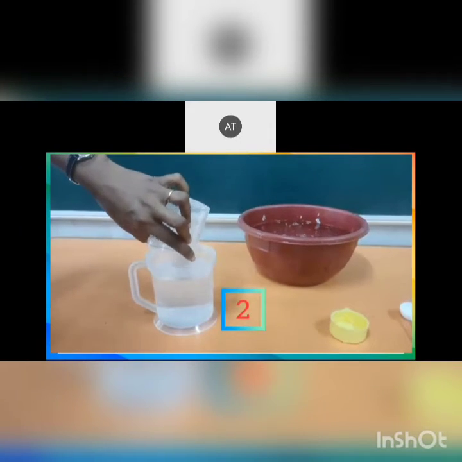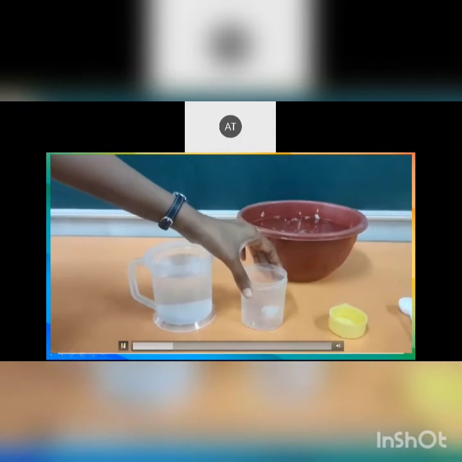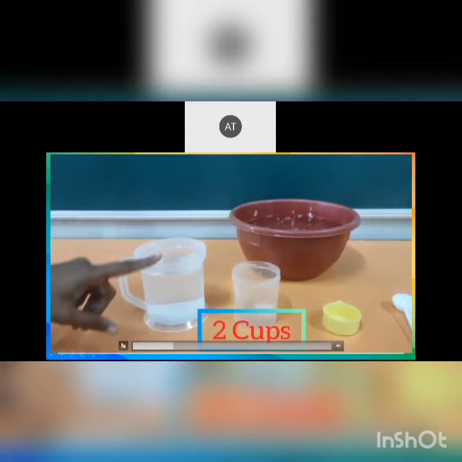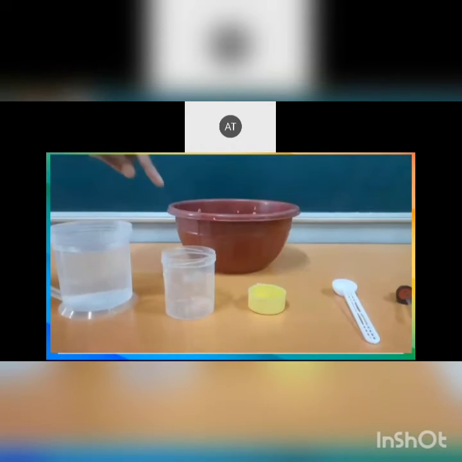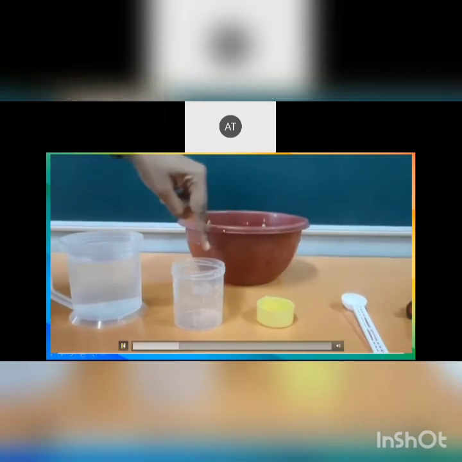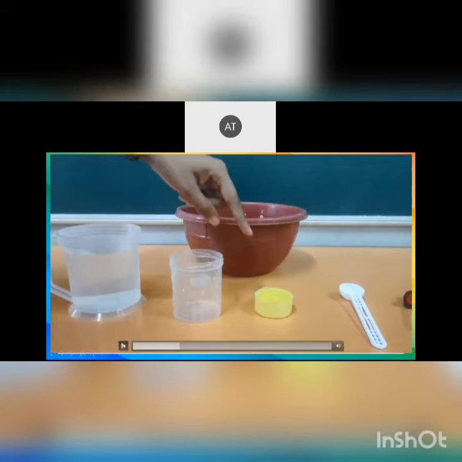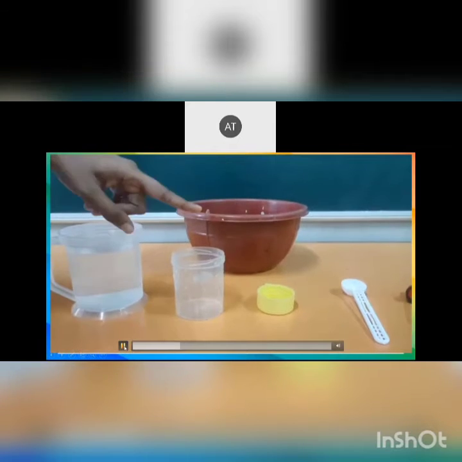So, 2 cups fill the mug. Next, we will measure the capacity of the cup using bottle cap. How many bottle caps will fill the cup? Let's find out. Let's count along with ma'am.